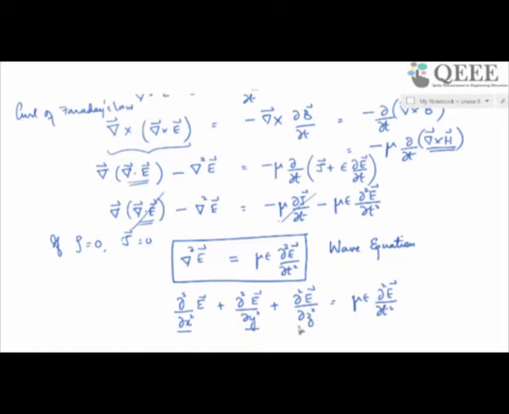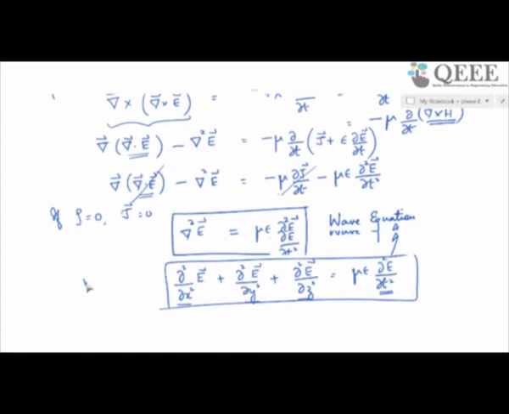Now, the left hand side is telling you the variation in space, right hand side is telling you the variation in time. So, essentially the variation in space is linked to the variation in time, and that is why you call this a wave equation. Now, you remember this is a vector equation because you are operating on E, which is a vector quantity.